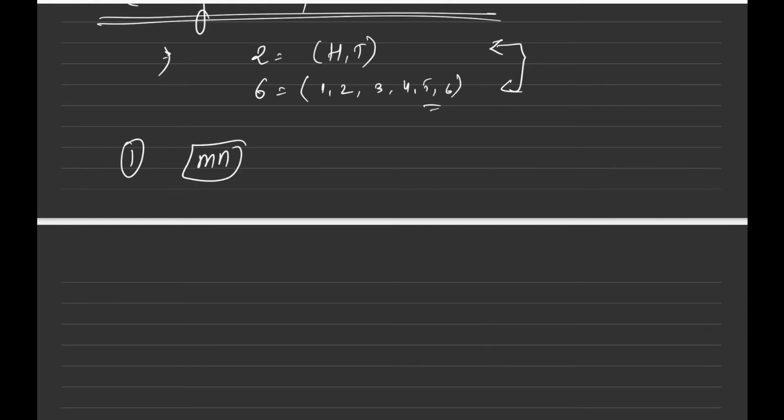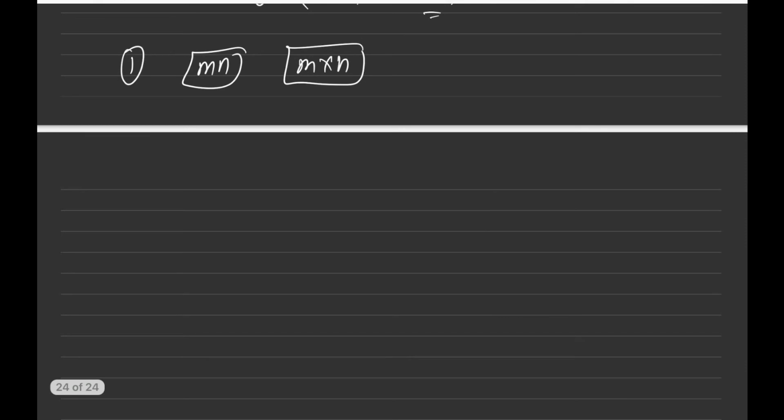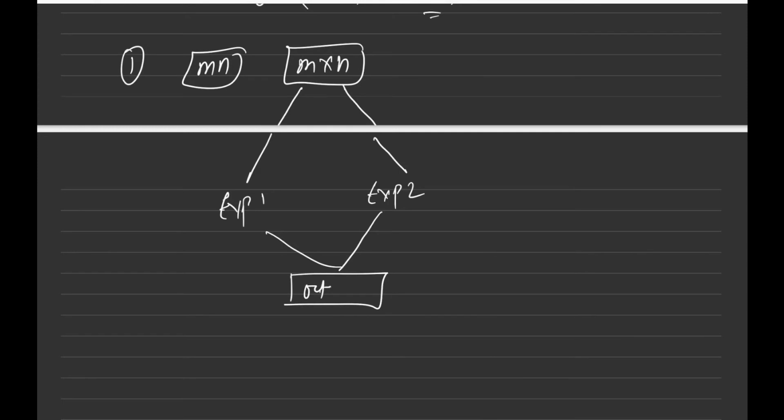Cool. The first formula that we have is m n, means m multiplied by n. This formula will be applicable when you have two different experiments, experiment 1 and experiment 2, and after doing both experiments, you want to get the outcome. In this manner, you have to multiply the possible outcomes in experiment 1 into possible outcomes in experiment 2.